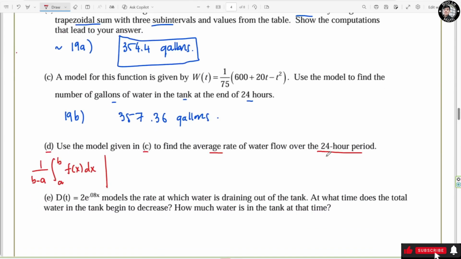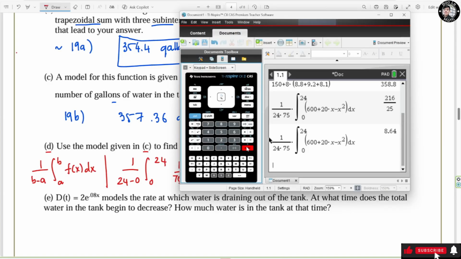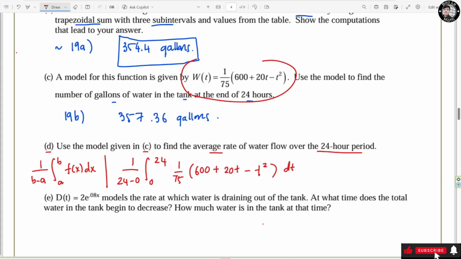So it's going to be 1 over (24 minus 0), integral from 0 to 24. The model in question C is right here, right? So the answer is 8.64. Now, since this one is the average rate, it should be gallons per hour, right?